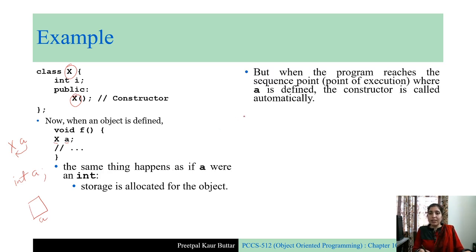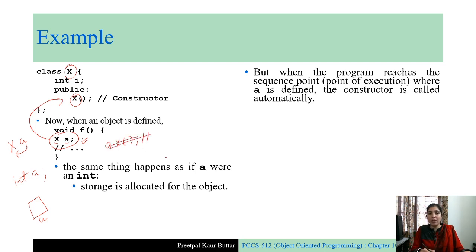But when the program reaches the sequence point, what is the sequence point? The point of execution where a is defined. When your program reaches here, the constructor is called automatically. So when you are executing this line, this constructor will be called automatically. You are not writing a dot X. No, it is being called automatically.